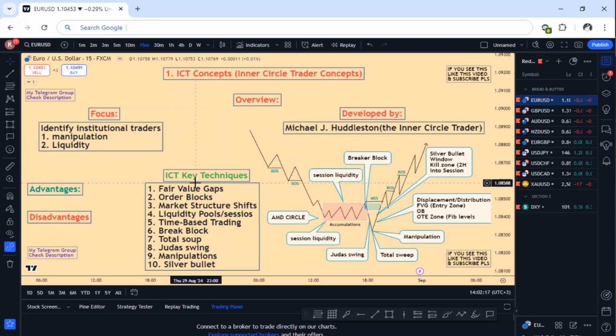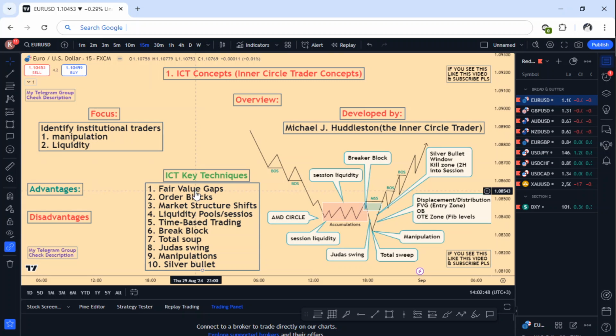So you may ask, what is a fair value gap? This is an area in price where price moves rapidly in one direction, leaving behind an imbalance, especially on the session sections like Asia, London, and New York.